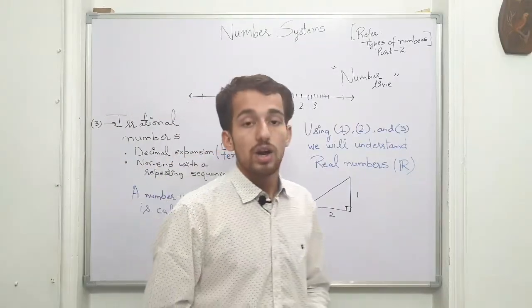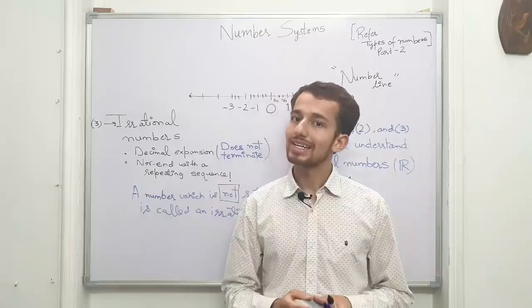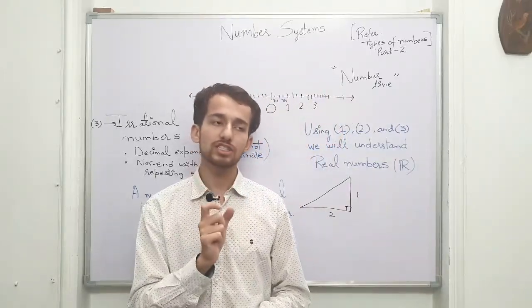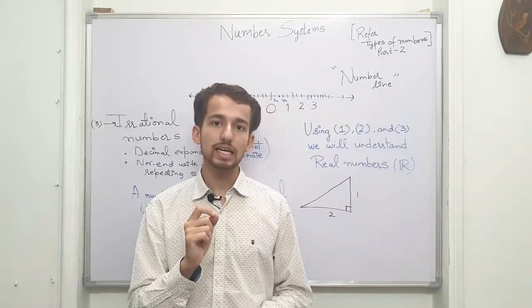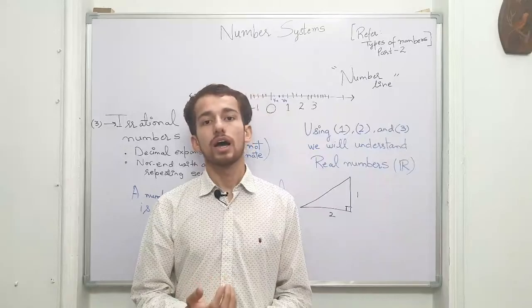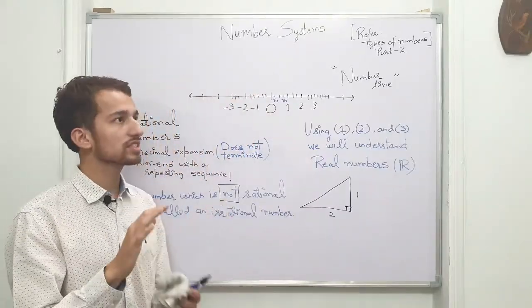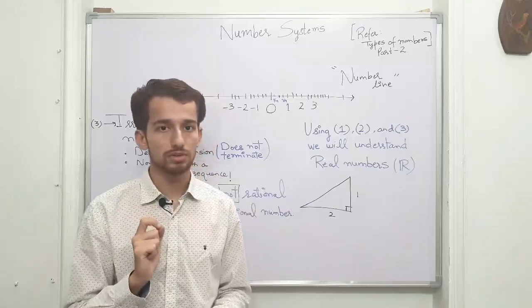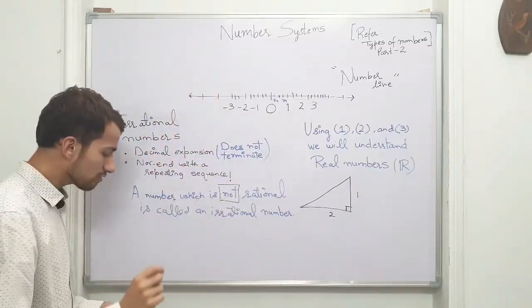So, a number which is not rational is called an irrational number. Rational, or simply a fraction, was a number which can be expressed as a ratio of two integers p by q, where of course q is not 0, and those numbers which cannot be expressed in that particular form are called irrational numbers. Fine.